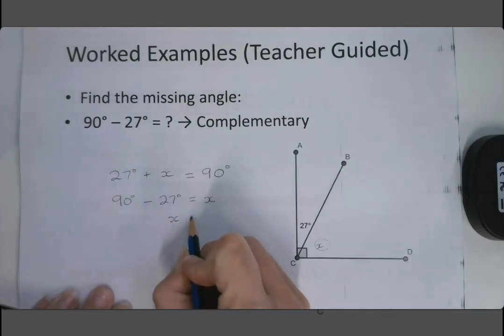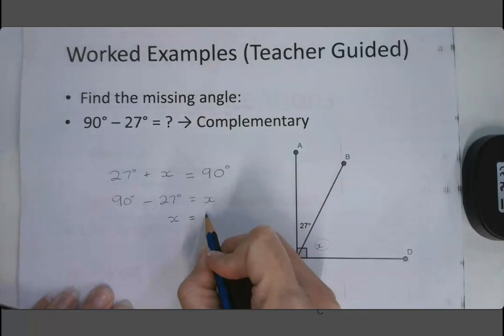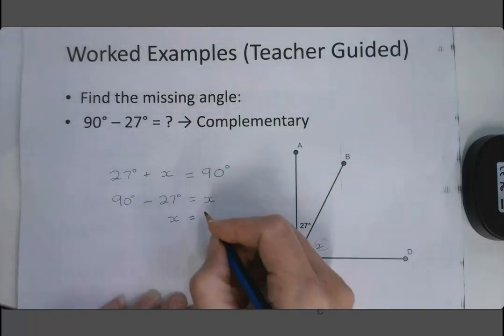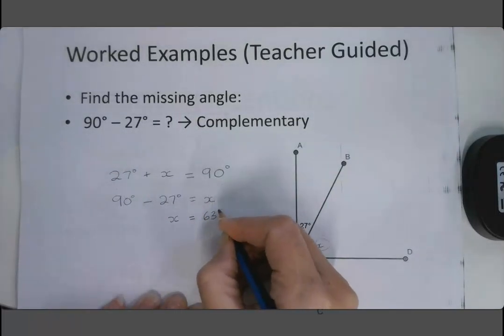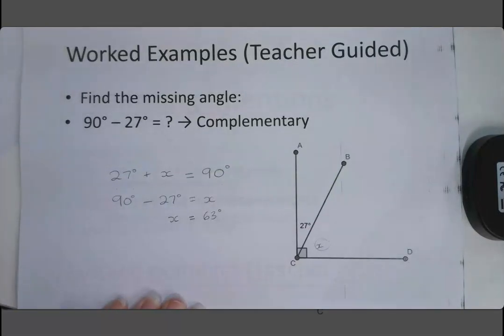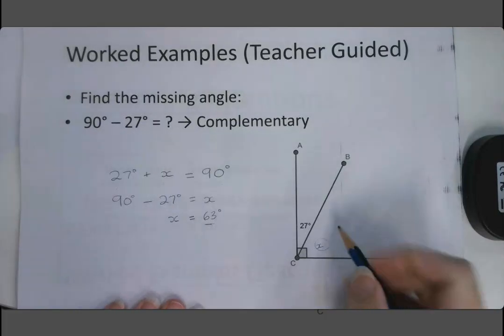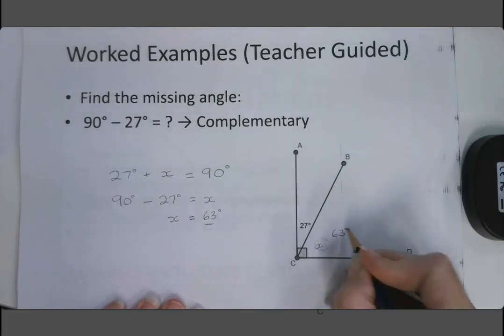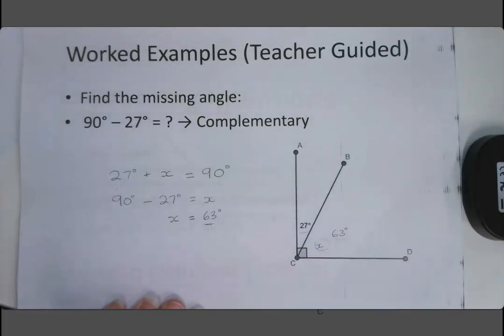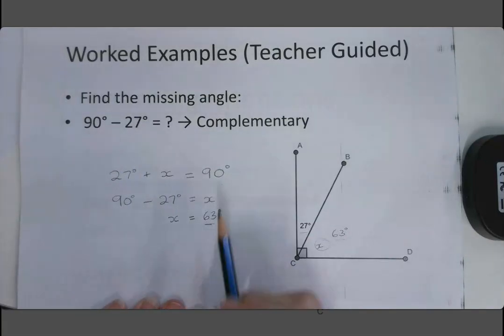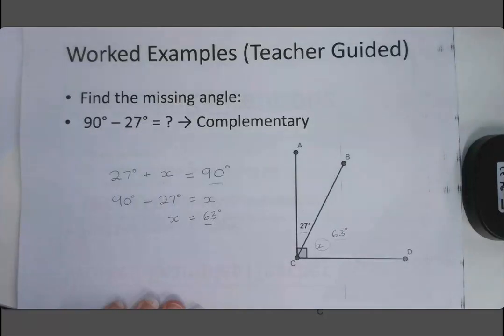X is going to be 63 degrees. And we can check that. If this is 63 degrees and I add that to 27 degrees, do I get 90? Yes, I do. So I can tell when I'm right and when I'm wrong.